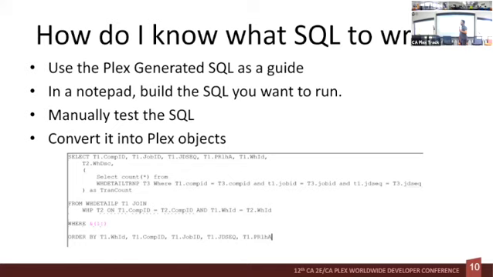What I usually do is have a Notepad++ open where I'm furiously copy pasting and making notes, and I use that to build the SQL over time the way I want it to be. Then I go to whatever my database engine is and manually test that SQL to make sure there aren't syntax errors, because it's much easier to catch them that way than when testing in Plex.